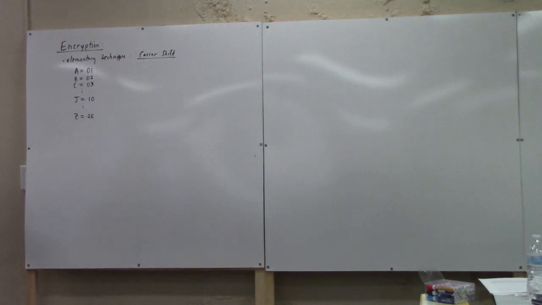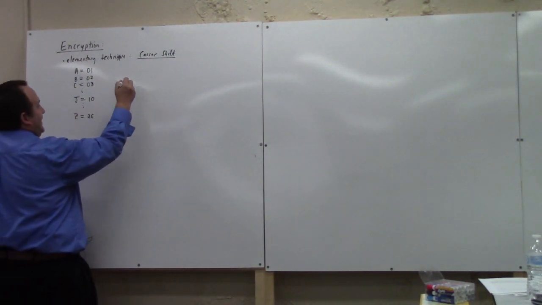So you can use these numbers to represent letters. And of course, the Caesar shift is very silly, really. You could take something like cat.